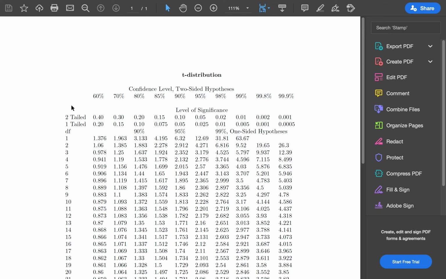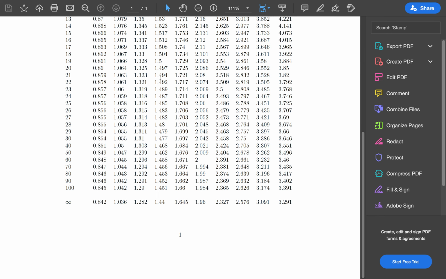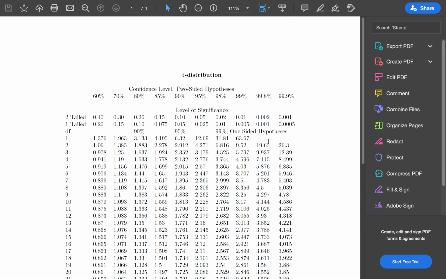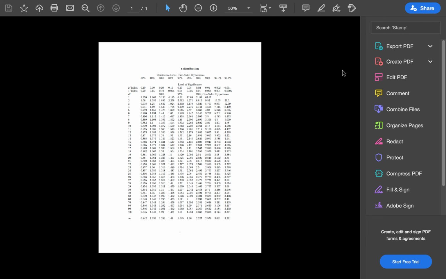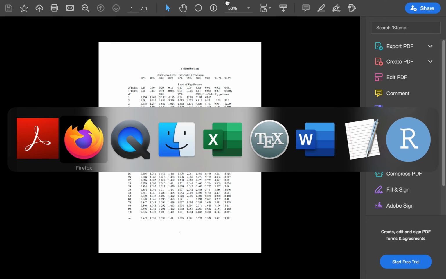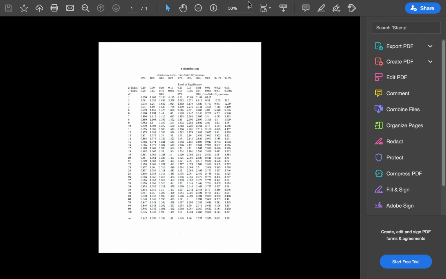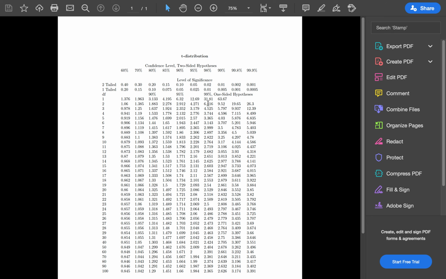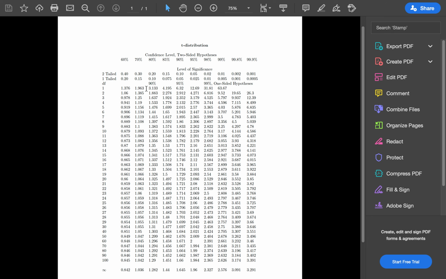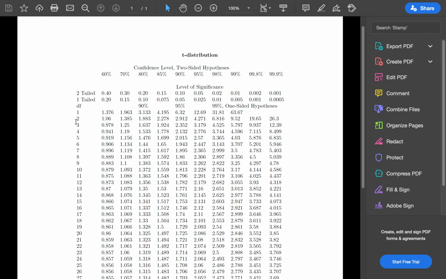It is our sample size minus 1. So as we zoom out just a little bit here, you can see that small samples correspond to larger critical values.